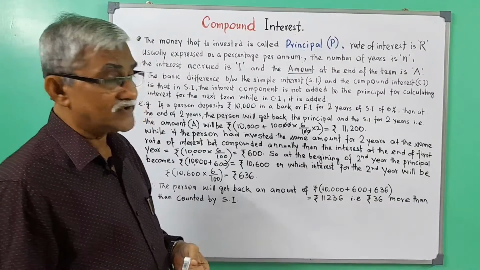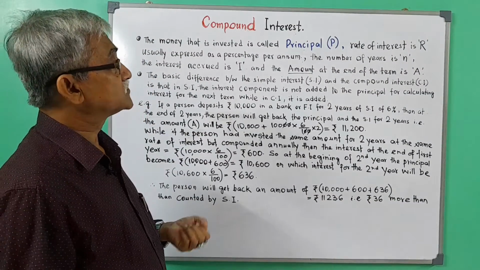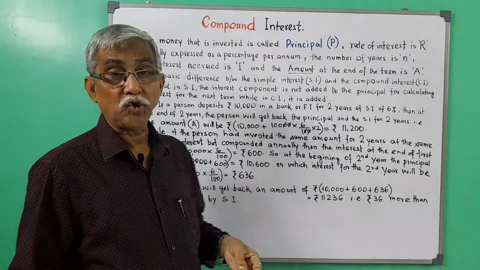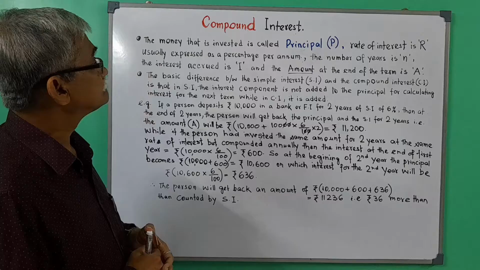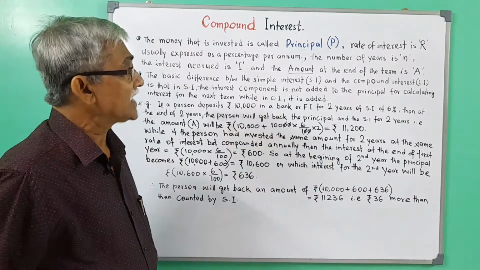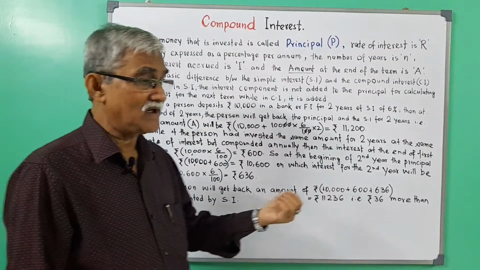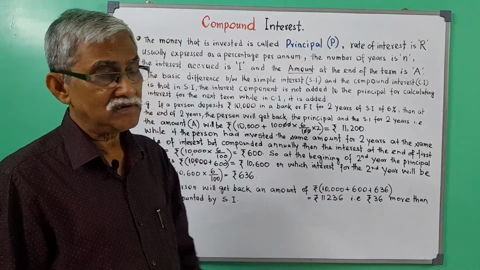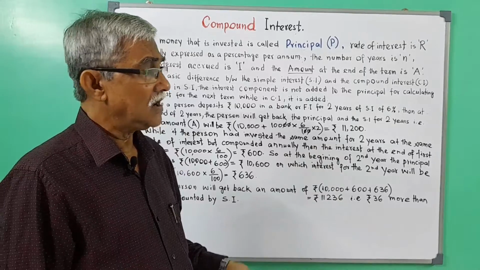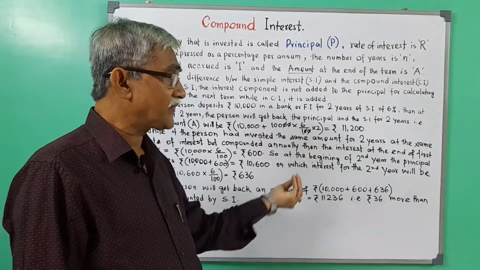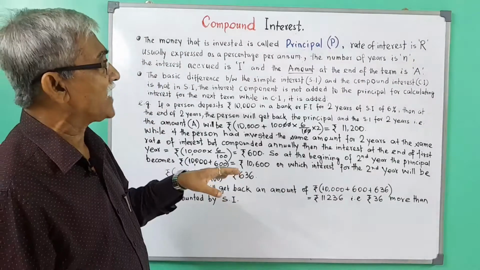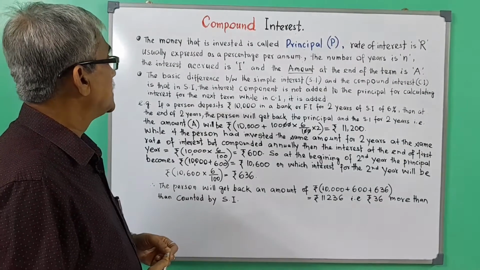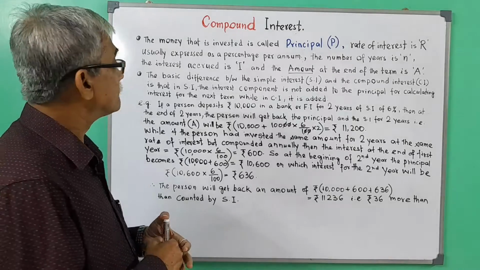The number of years is termed as N, the interest accrued is I, and the amount at the end of the term is A. Either the financial institution pays back the investor, or the borrower has to pay the financial institution or the bank as their repayment. This is called the amount.